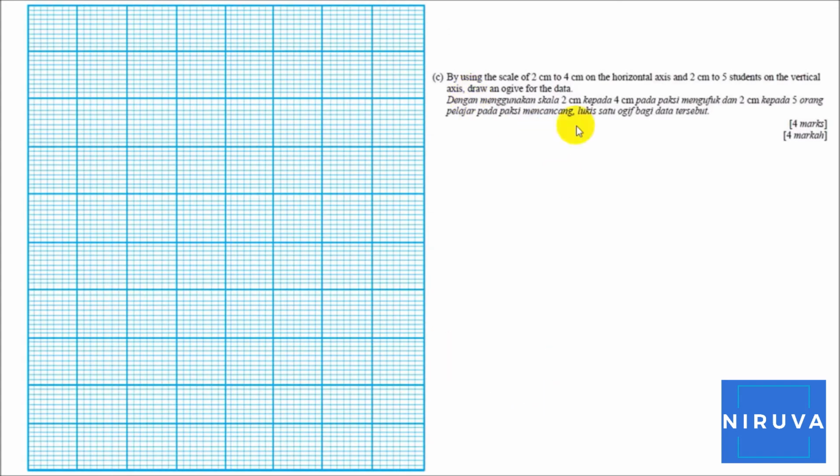So by using the scale of 2 cm to 4 units on the horizontal axis and 2 cm to 5 units on the vertical axis, draw the ogive for the data. So the ogive shape will look like this on the graph. So here we will see that the data we got will give this ogive shape.